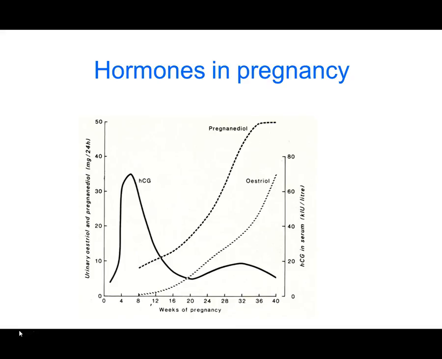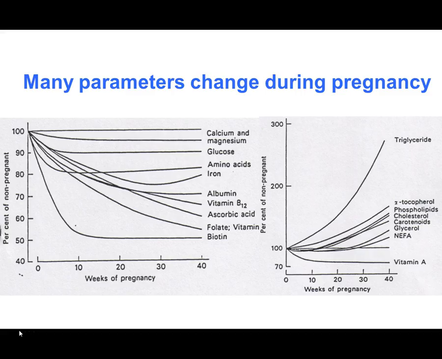Hormones in pregnancy change with a rapid increase of HCG during early pregnancy, which is followed by progesterone and estradiol in later pregnancy, and also many other factors are influenced by pregnancy, which is shown in this slide.